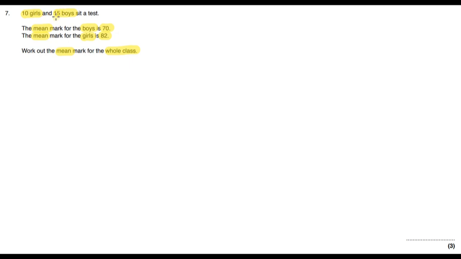So what we're going to have to do is work out the total mark for the boys, the total mark for the girls, and then we can add those two together and divide by how many people sat the test. Let's start off with the boys. The mean mark was 70 and there were 15 boys who sat the test. So the total number of marks is going to be equal to 70 multiplied by 15.